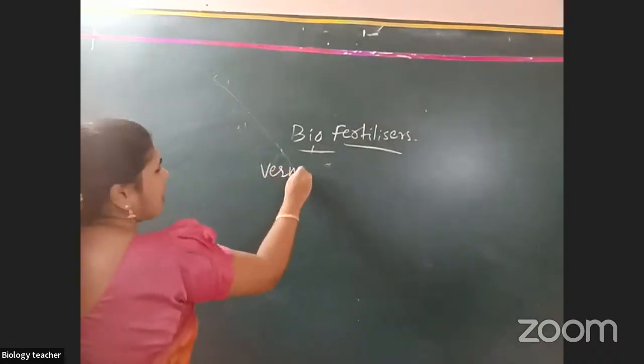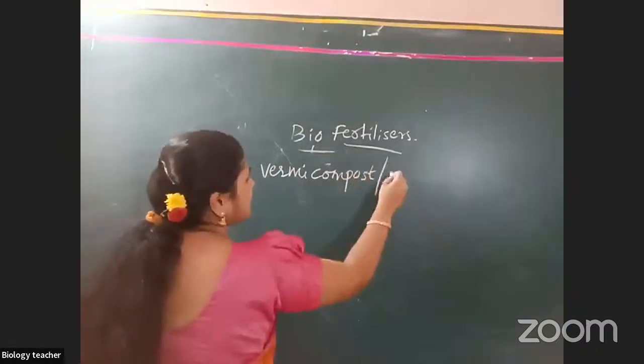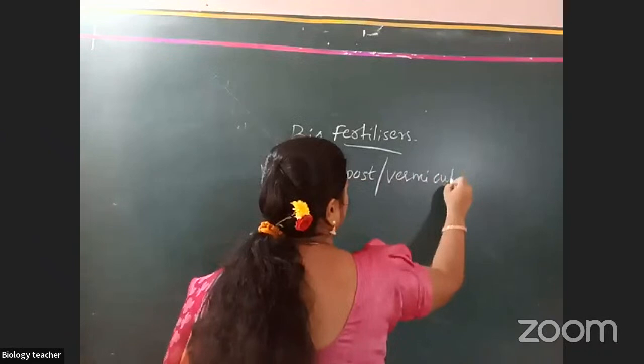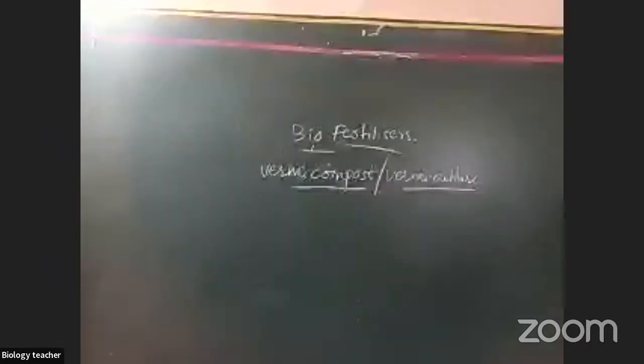Next one is organic farming, vermicompost, or it is known as vermiculture.